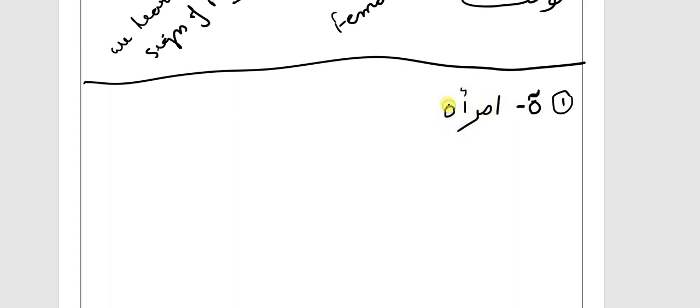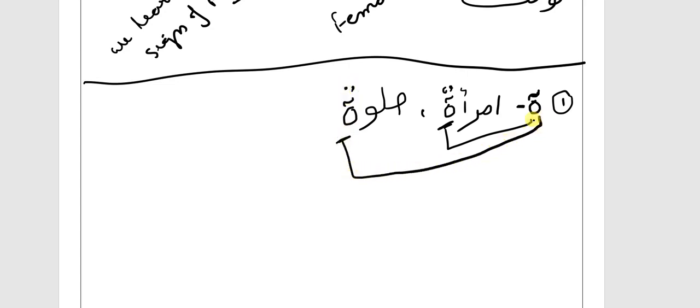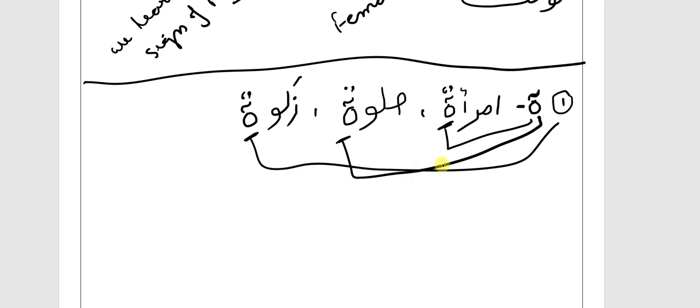Like imra'atun. So, imra'atun is muannas. Another example is salatun. Salatun is muannas. Let's have another example. Zakatun. Zakatun is also muannas.